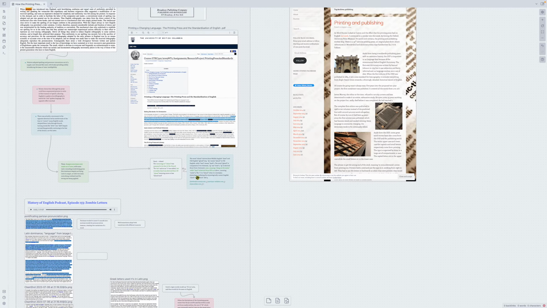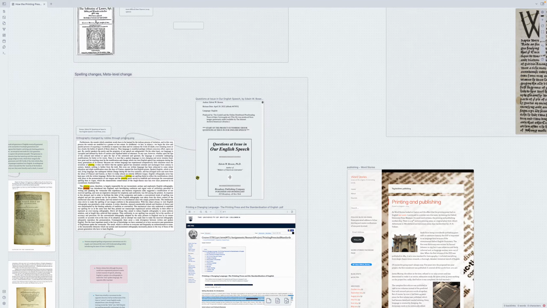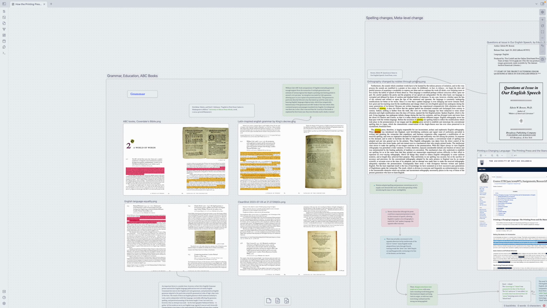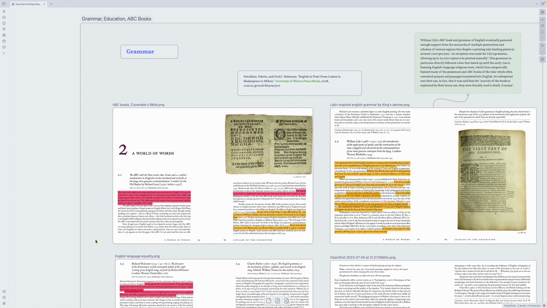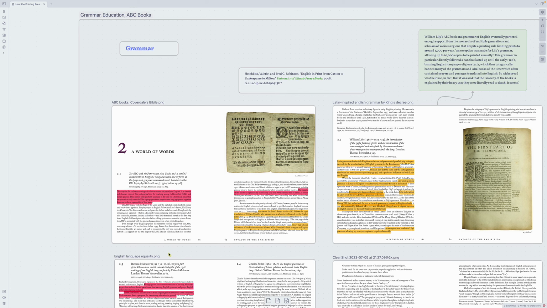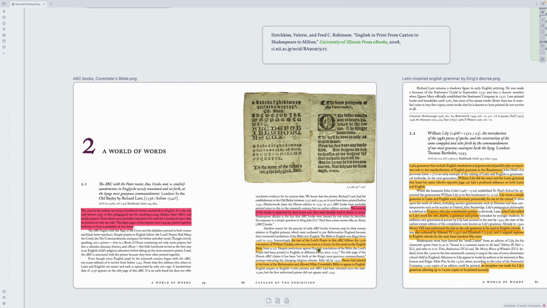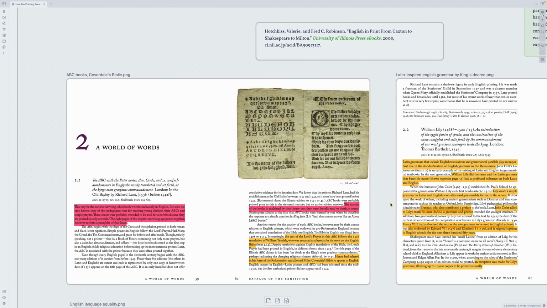So anyways, we'll wrap up letters and then I'll move on to grammar and education. The standardization of grammar and education was largely spearheaded by noblemen who had connections to the king and the queen, and not just the king and the queen, but noblemen in general.